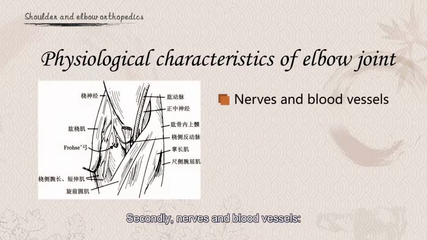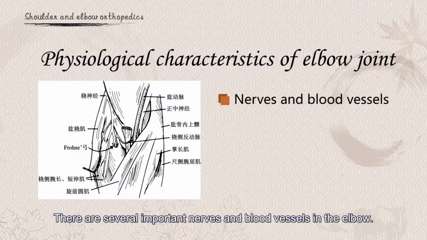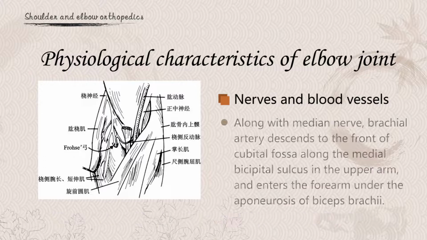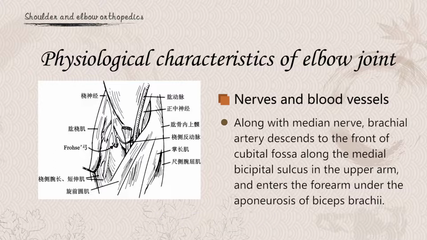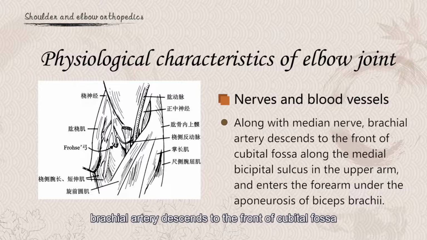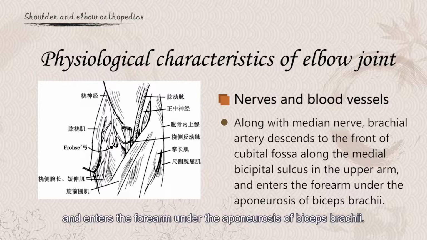Secondly, nerves and blood vessels. There are several important nerves and blood vessels in the elbow. Among them, the median nerve and brachial artery descend to the front of the cubital fossa along the medial bicipital sulcus in the upper arm, and enter the forearm under the aponeurosis of the biceps brachii.